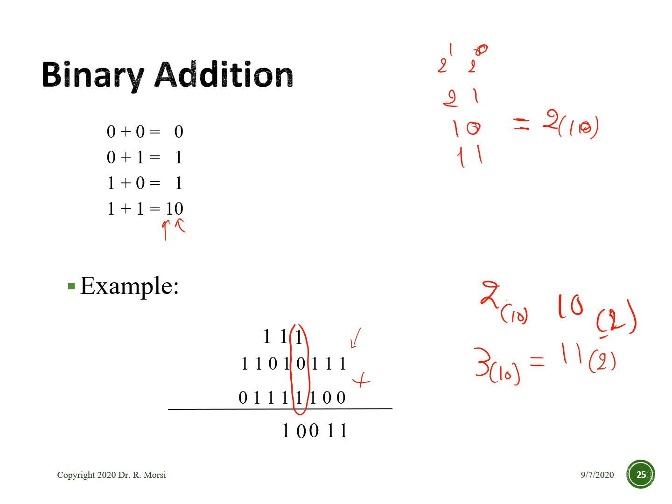So it's a 1 carry 1. And then now, when I go here, I add these three together. So 1 plus 0 plus 1, that's another 2 in decimal, which is a 0 carry 1. 1 plus 1 plus 1 is a 3 in decimal, which is a 1 1 in binary, 1 carry 1. And then 1 plus 1 plus 0 is a 2 in decimal, which is a 0 carry 1, because that last carry up here would just drop down. And those would be my carries. So that's addition in binary.